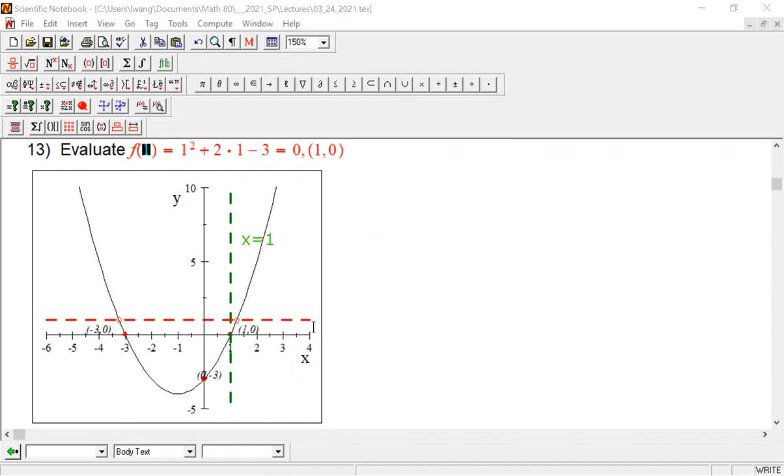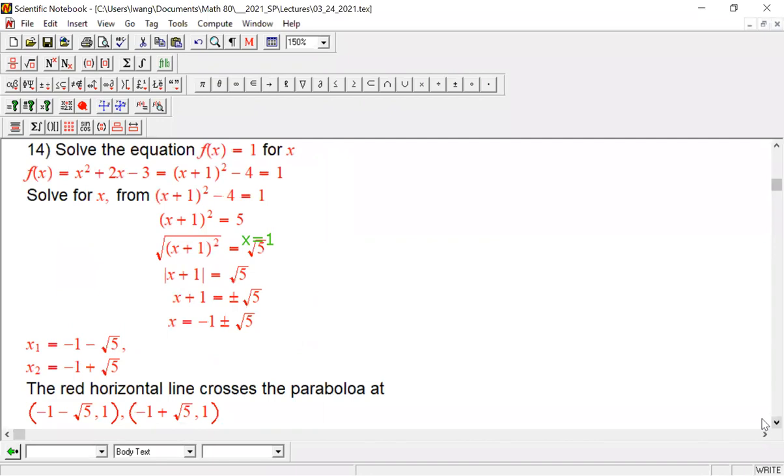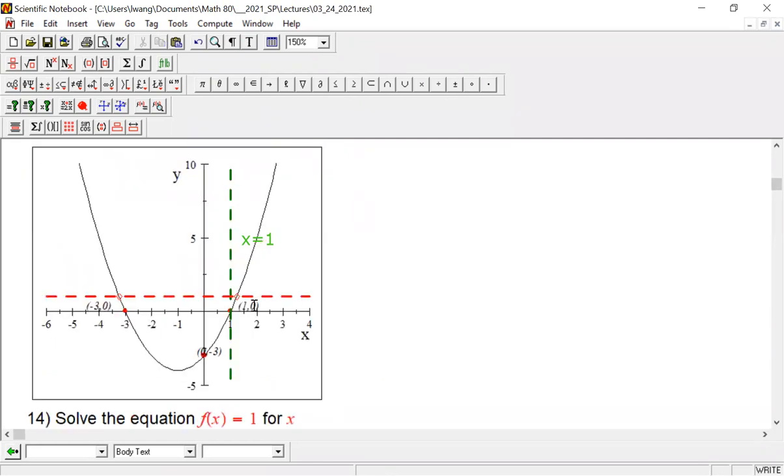The red line is for number 14, where f of X equals 1. So the green is related to f of 1.